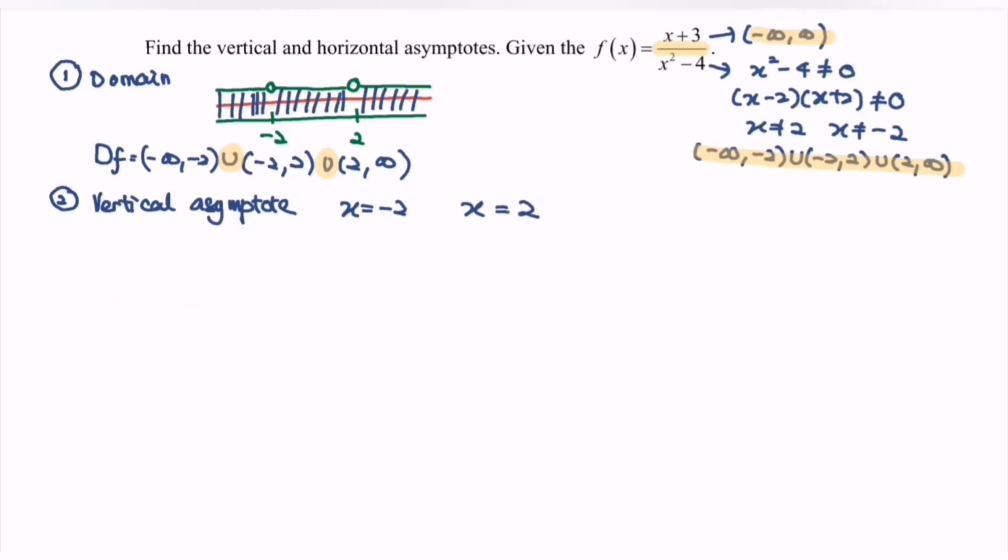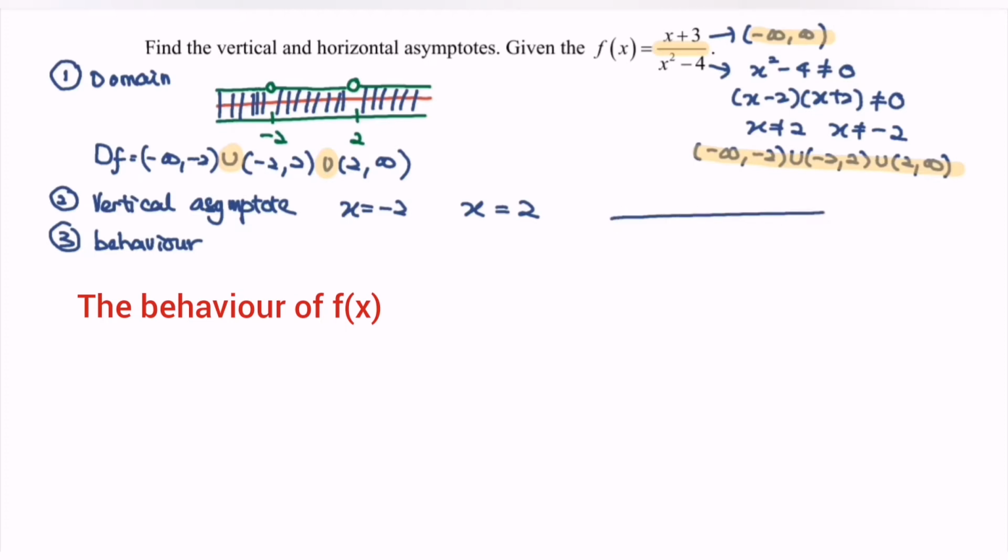Step number 3, we're going to study the behavior. So, have a number line. We have negative 2 and 2. Let's suggest a value for each part. For negative 2 from the left, we have negative 2.0001.